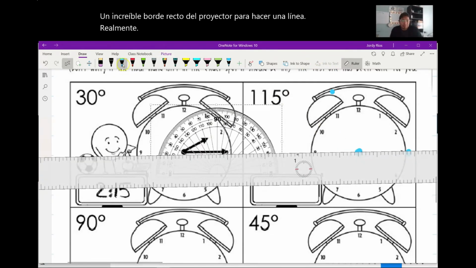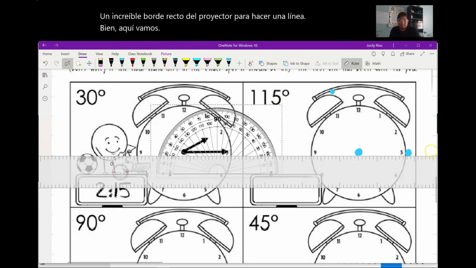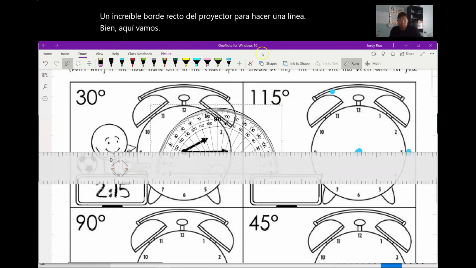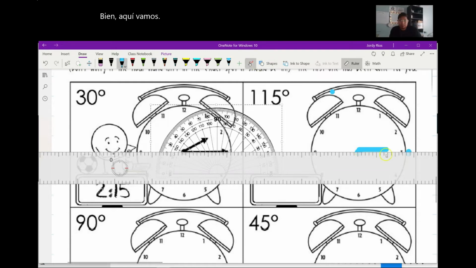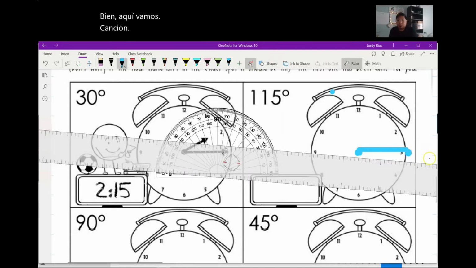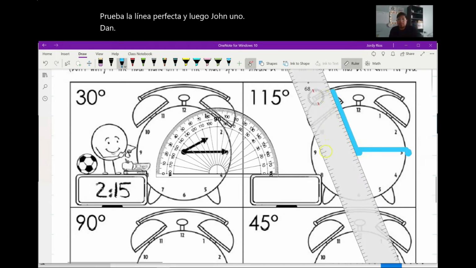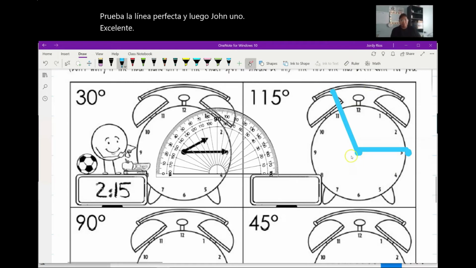So here we go. Draw the line, perfect, and then draw another one. Excellent. Cool. So, what time is it?